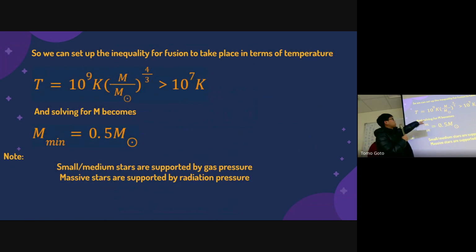And so we can set up the inequality where the previous equation has to be bigger than the minimum for fusion. And solving for M, we get the mass, which is 0.5 solar mass.